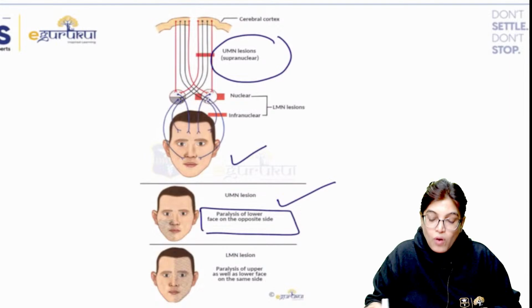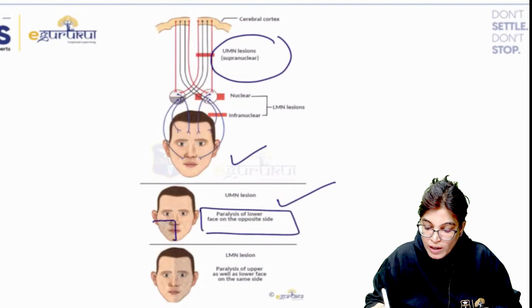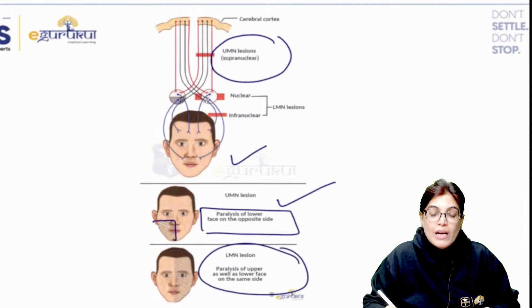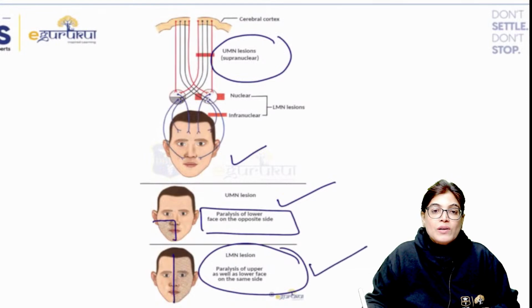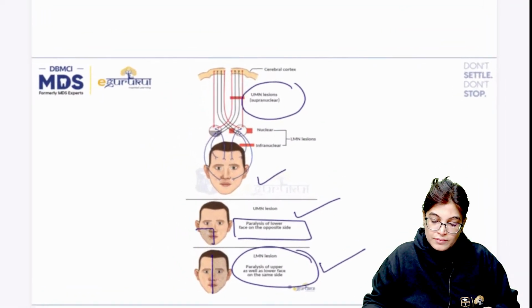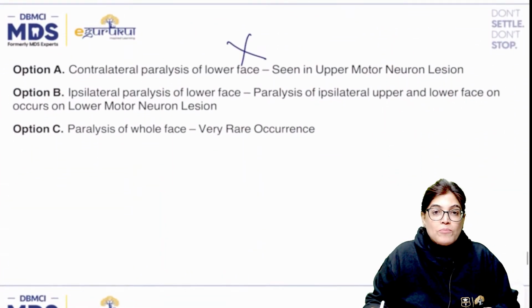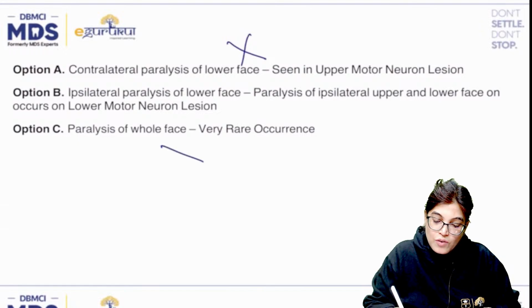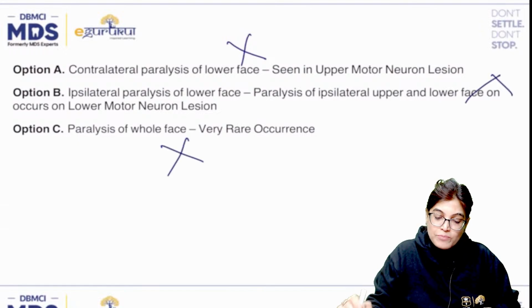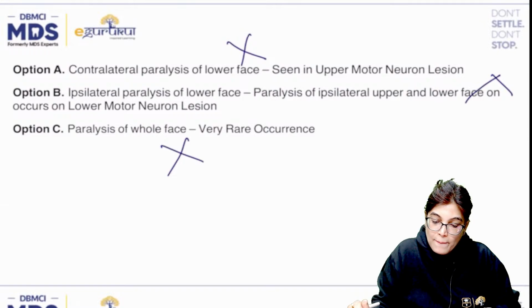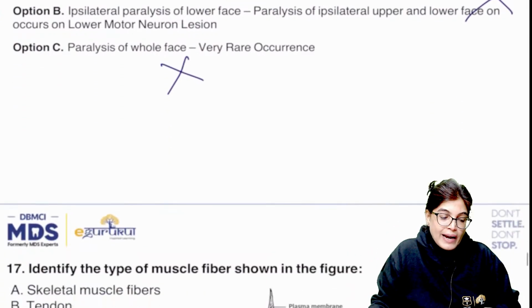So only one quadrant on the contralateral side will be involved. In lower motor neuron lesion, the ipsilateral half of the face will be involved. Contralateral paralysis of the lower half is seen in upper motor neuron lesion. Paralysis of the whole face is a rare condition, and ipsilateral paralysis of one half will be the right answer.